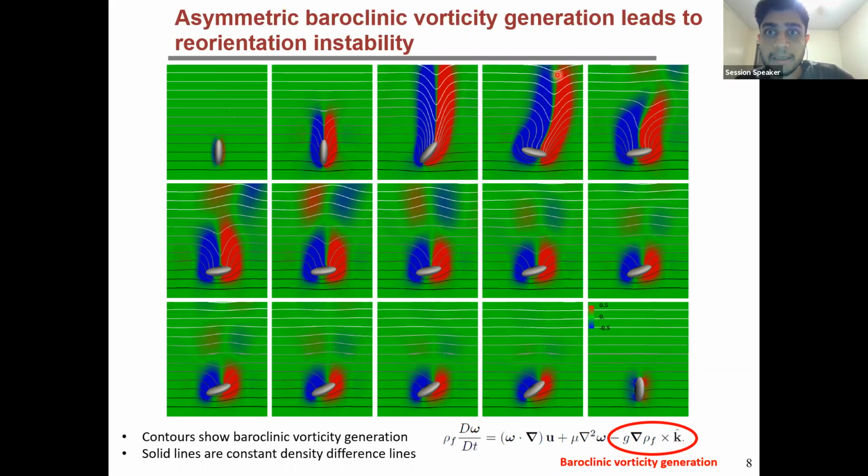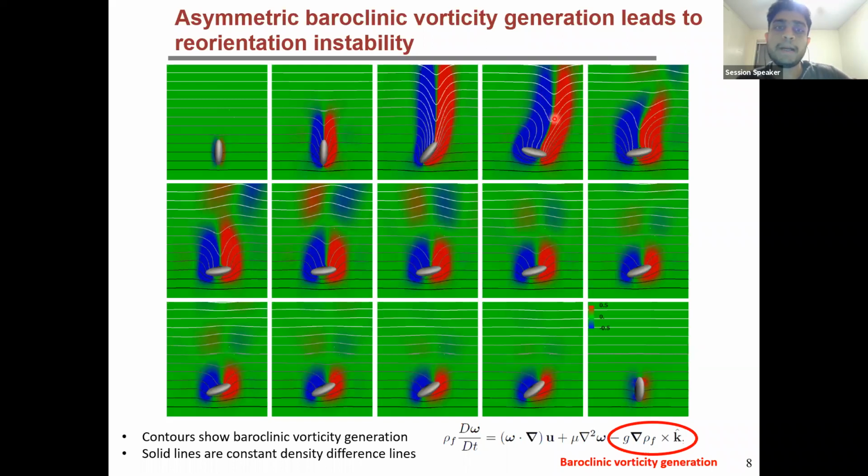But as it happens, the isopycnals are basically deforming, and once the particle reaches the peak velocity, the isopycnals are deformed so much that they resist any further deformation. And once that happens, the isopycnals try to return to their original neutrally buoyant position.